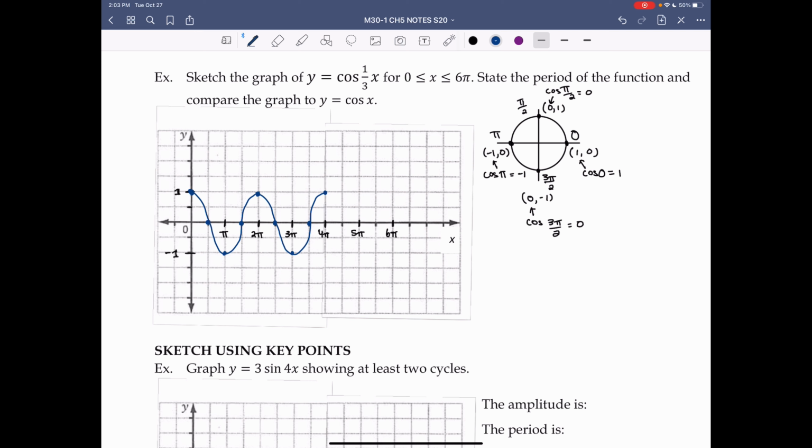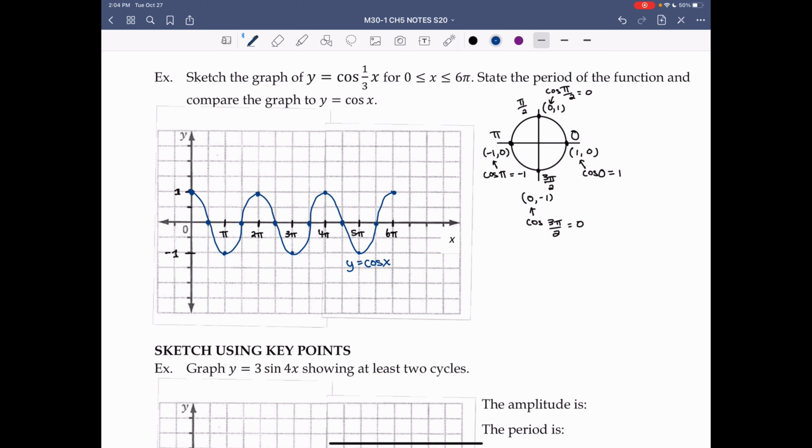Do it again, move over 1 to the right, go to y equals 0, move over 1 to the right, down to y equals -1, move over to the right, up to y equals 0, and then over to the right, up to y equals 1. Join those points. And we have y equals cos x over a domain of 0 to 6 pi.